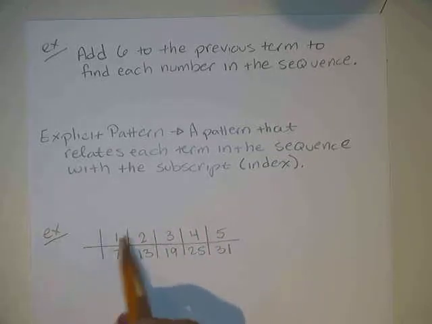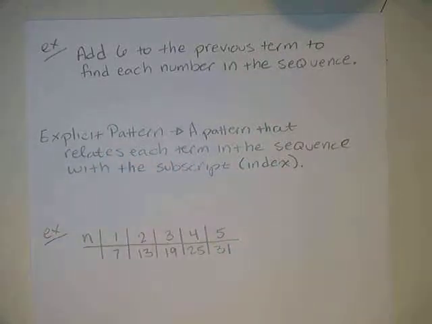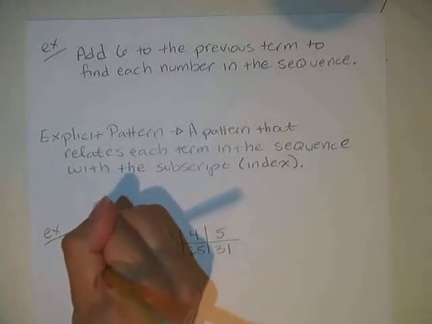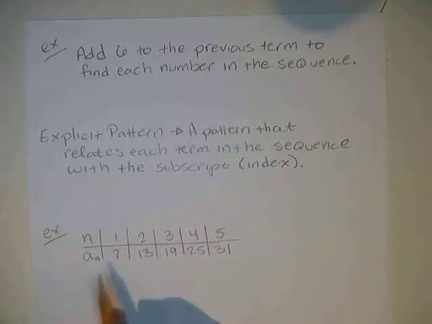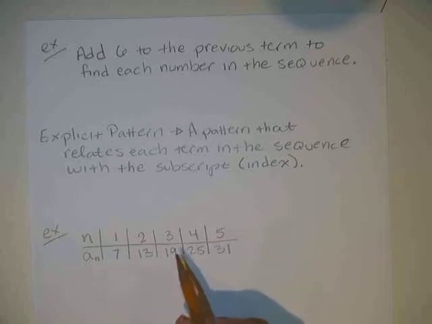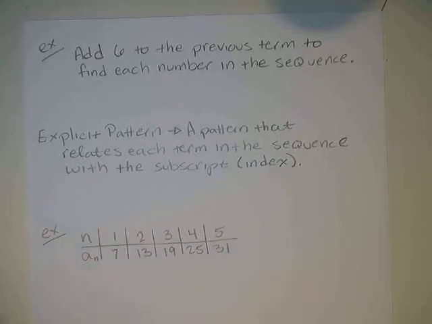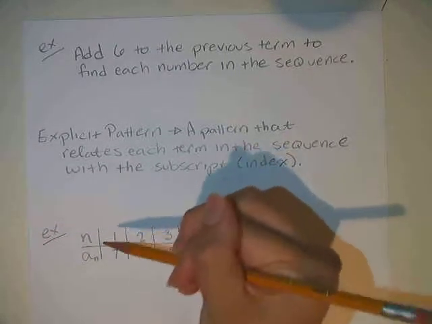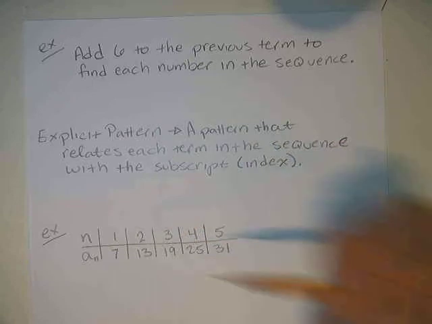This was the first term, the second term, the third term, the fourth term, and the fifth term. When we talk about the indices, that subscript, we will always use the variable n, and that makes each of these a sub n. So when n is 1, this is a sub 1, a sub 2, a sub 3, a sub 4, and a sub 5.